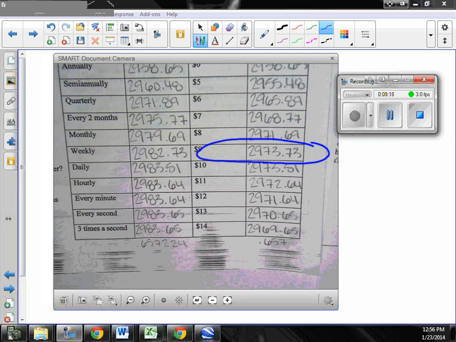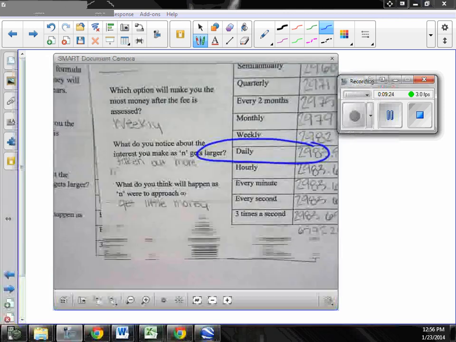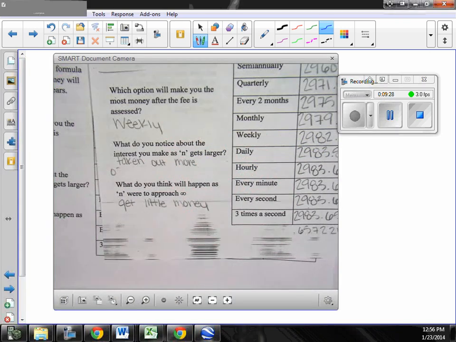That's kind of strange. So the next question asks, what did you notice about the interest as n gets larger? So, I mean, that's true. You're taking out more, and I didn't let her finish. So, what happened with the interest? And maybe you didn't expect it.